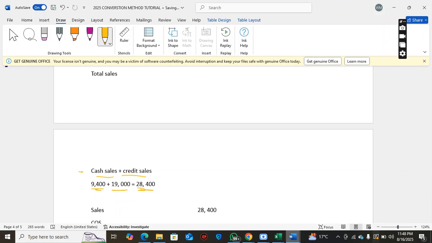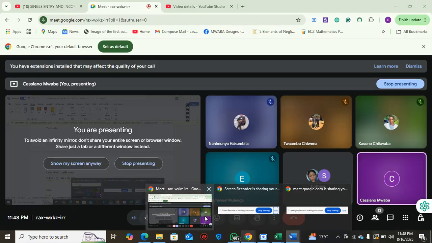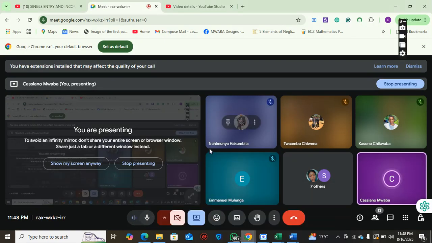Usually for distance students, I don't think it will be very difficult. It's mostly just getting credit sales and credit purchases. Those are the two figures you'll be looking for. These questions can get more complicated and they start putting other stuff which you need to get, but usually it's these two things.